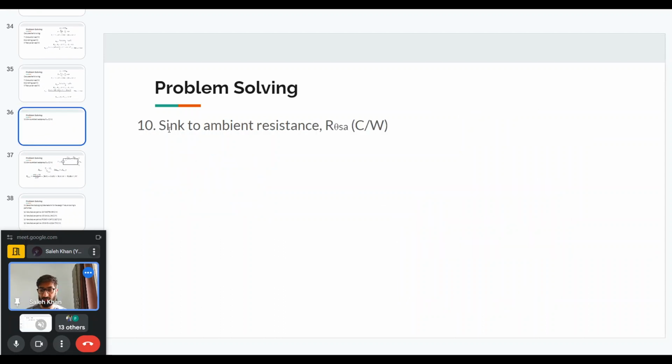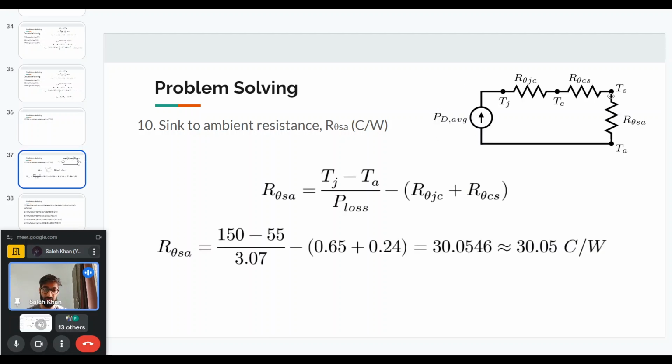So next, the question is asking about the sink to ambient resistance. This basically means what should be the sink to ambient thermal resistance so that we will get the maximum junction temperature. If we use the basic circuit that we saw and this expression, Tj we substitute as the maximum junction temperature, which is 150 degrees.